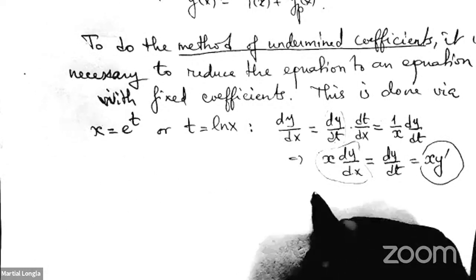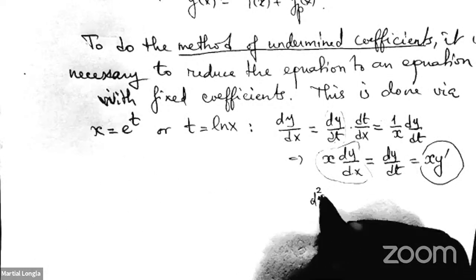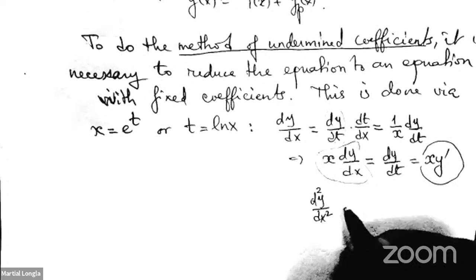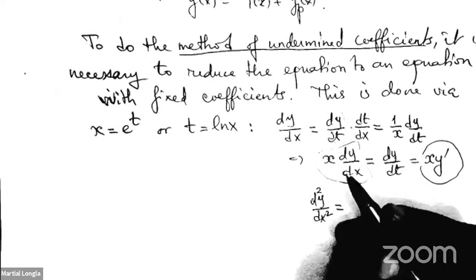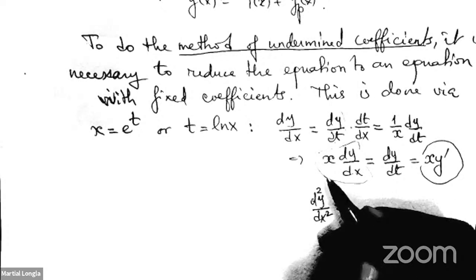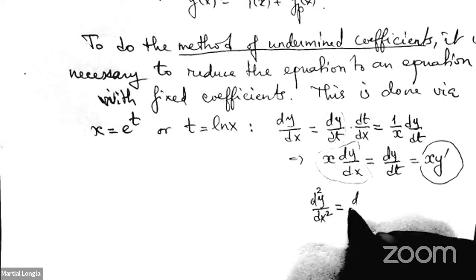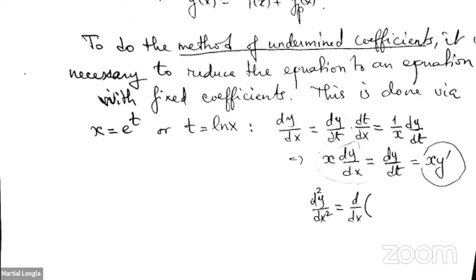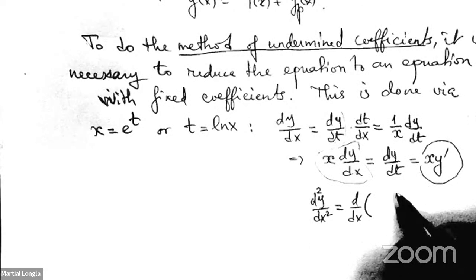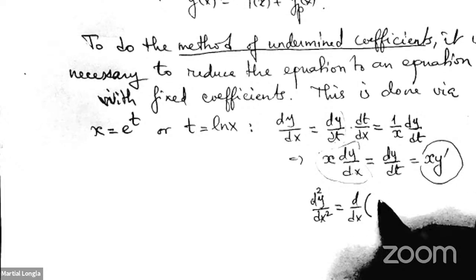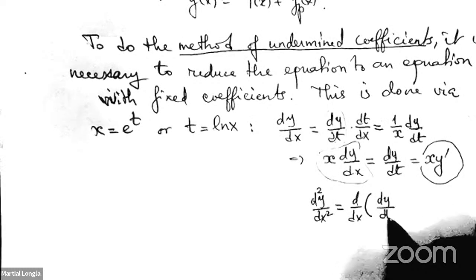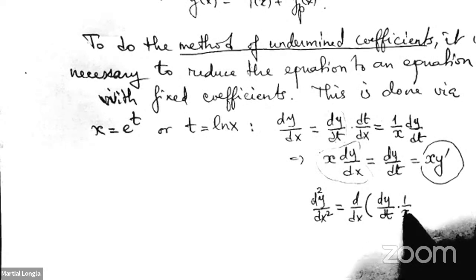The second would be that if we go now with the second derivative, if we take d2y over dx squared, that is going to be the derivative with respect to x of what we just found, which is dy over dt times 1 over x.